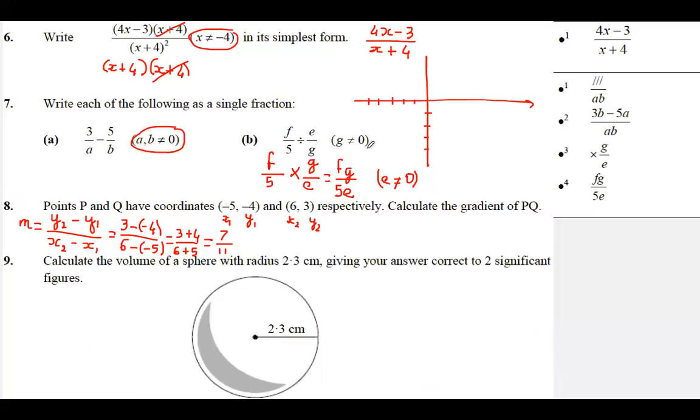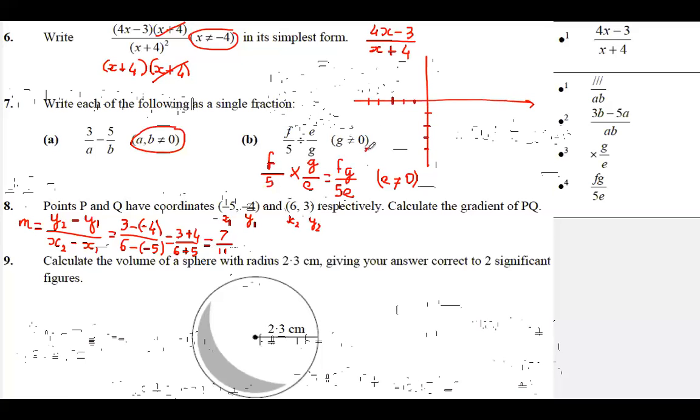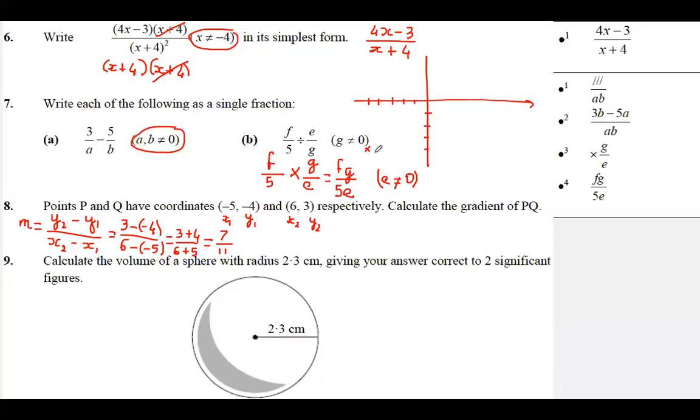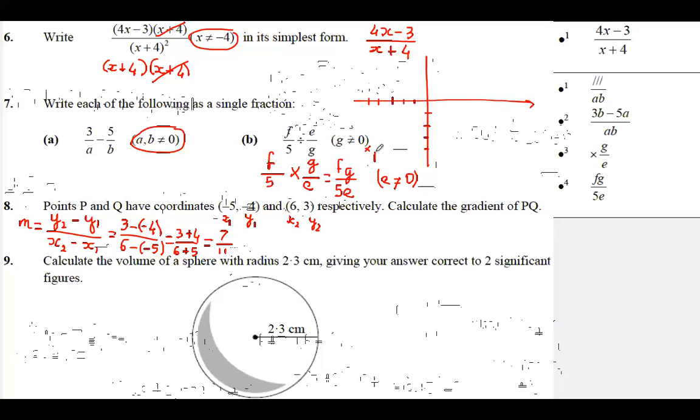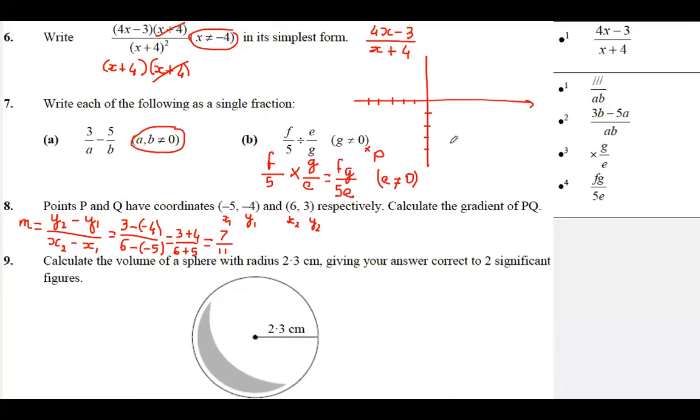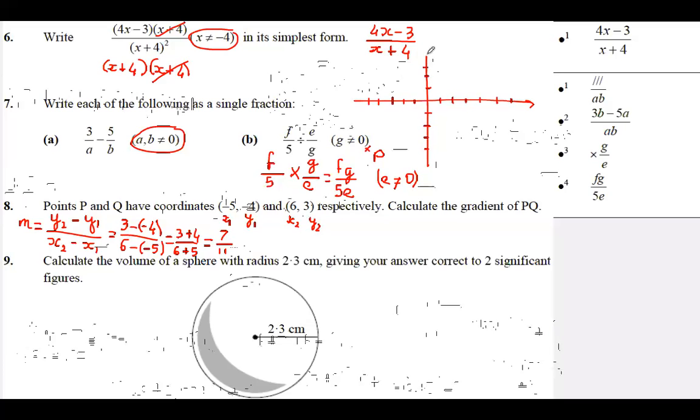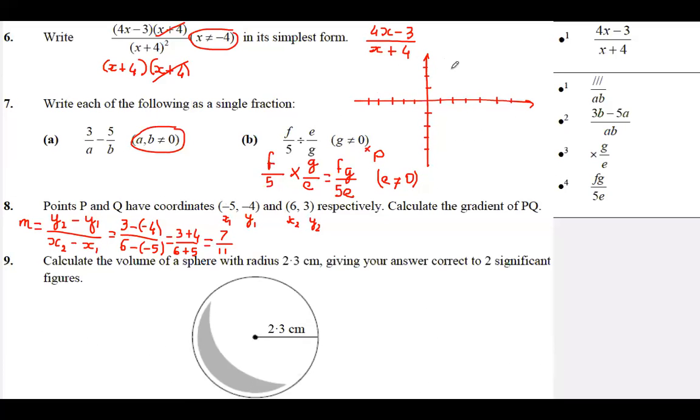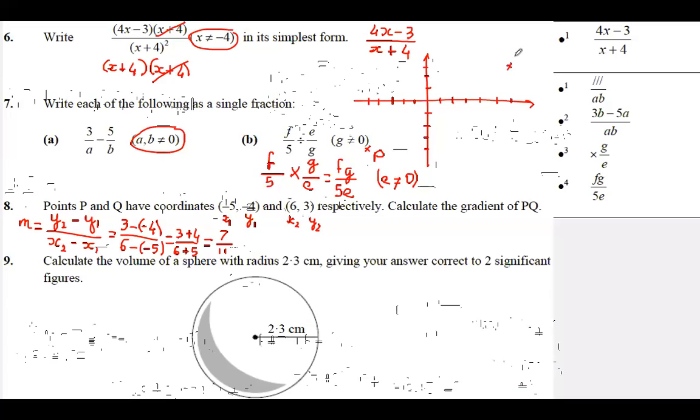So I'm about here for my first point. So you just say this is P. This is if you get a blank, right? You can't remember the formula. Remember, there's always a way. On the other side, you go 1, 2, 3, 4, 5, 6. 1, 2, 3. Then you go there and there, it's about there. So I've got my point Q.